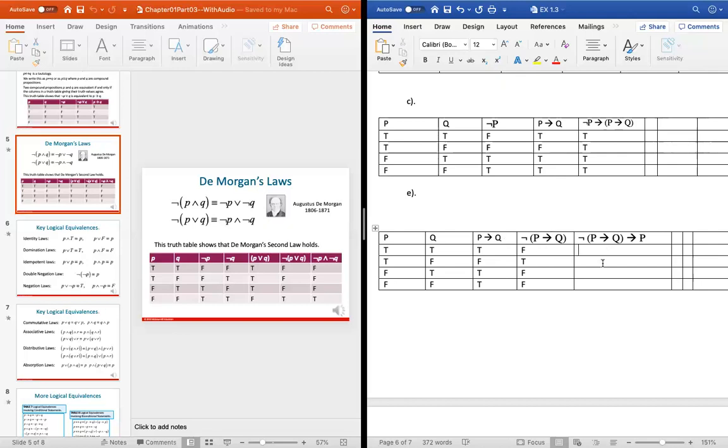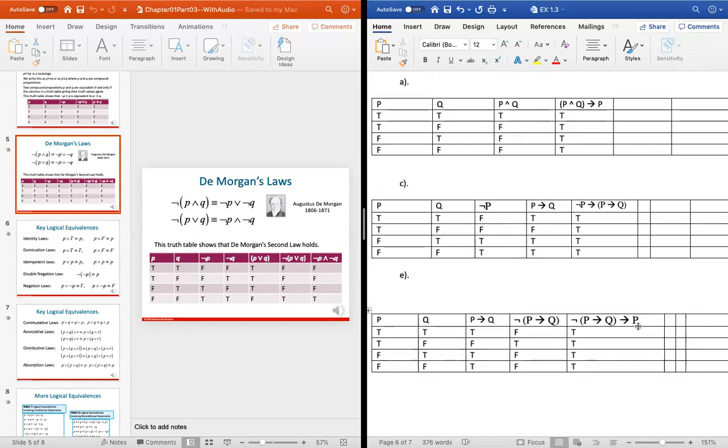False implying a truth is true. Sorry, this truth implying a truth over here, it's going to be true. False implying false over here is true. False over here implying false over here is true again. So we have also proved that this is a tautology.